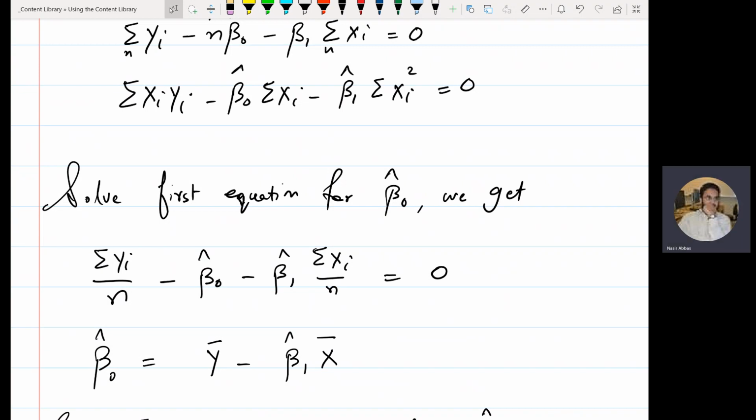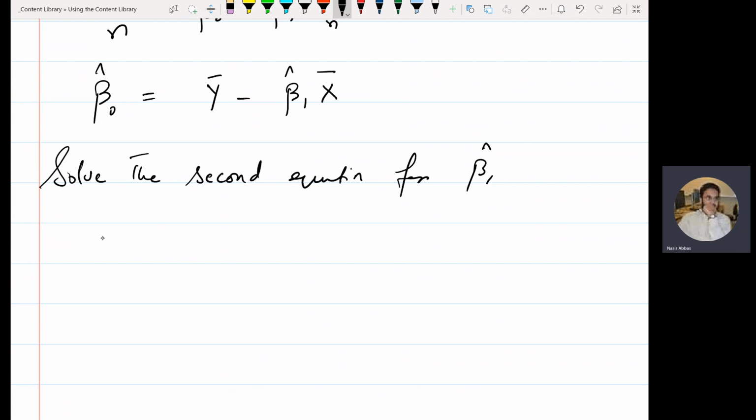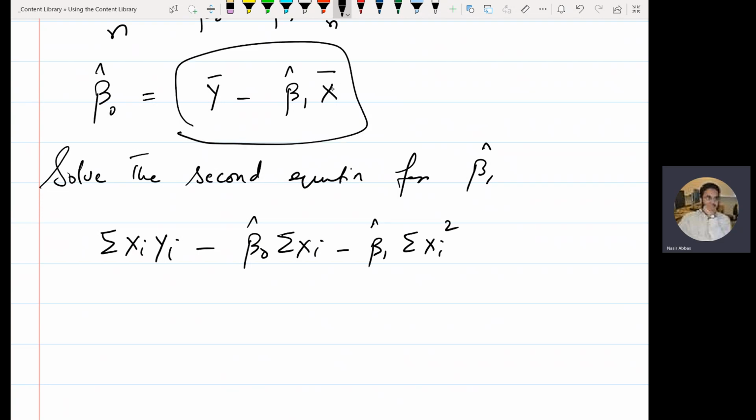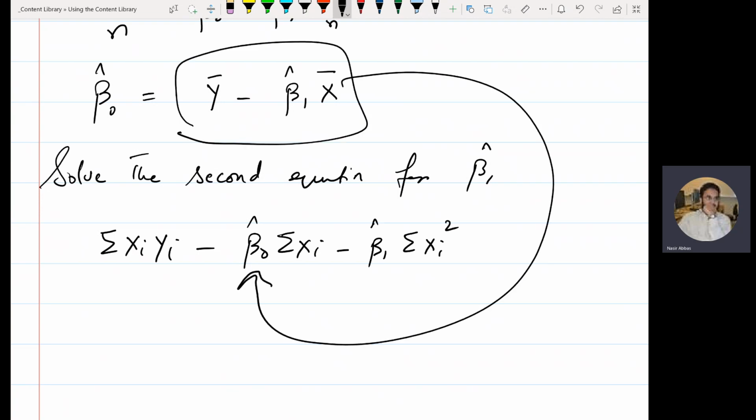First let me put the value of beta naught hat there, the one I got from the first equation. The second equation is basically summation xi yi minus beta naught hat times summation xi minus beta 1 hat times summation xi square. The first thing I'm going to do is take this and put it in here, and this is equal to 0.